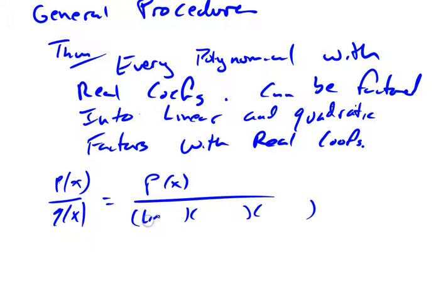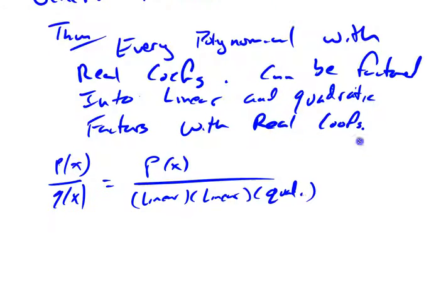And those factors are either linear, maybe you got a couple of linear ones, and maybe a quadratic one, whatever. You won't have cubics, you won't have fourth degrees, you can always get it down to linears and quadratics. So the procedure we're looking at for partial fractions just has to deal with linear and quadratics. I don't have to deal with the other ones.